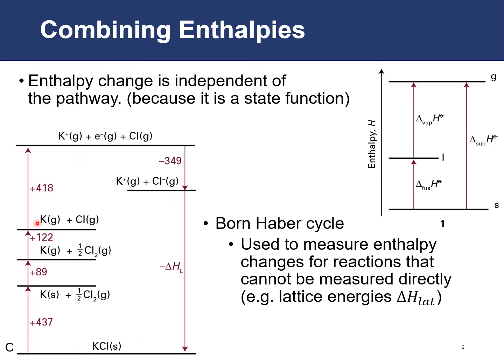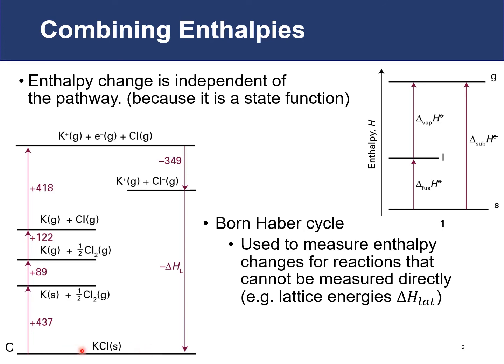To complete a cycle, if our enthalpy is a state function, which it is, if we start out at a particular place and end up at the same place, then the initial and final conditions are the same, and so the change in enthalpy should be 0.